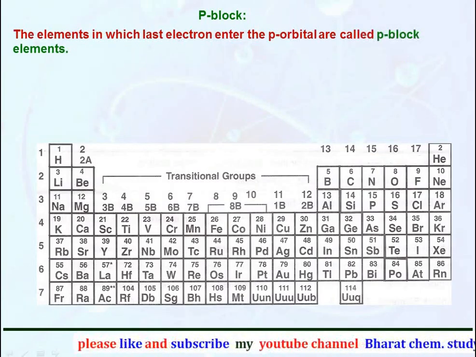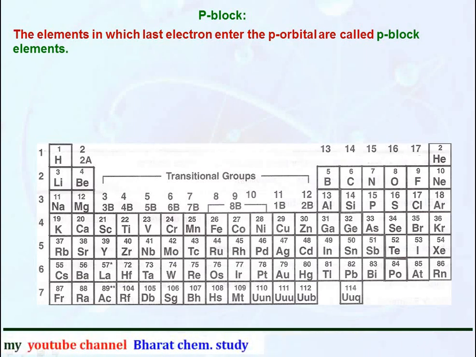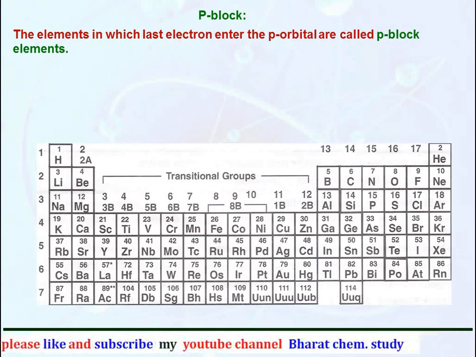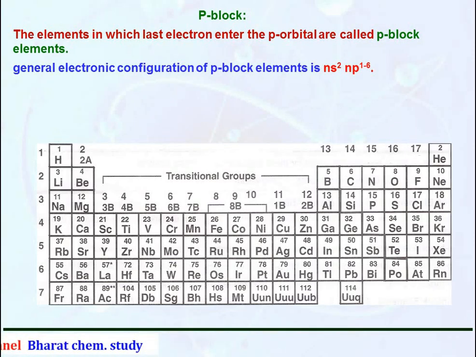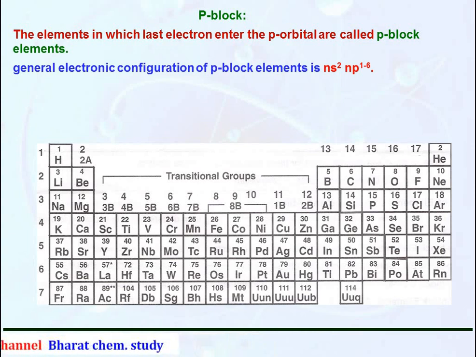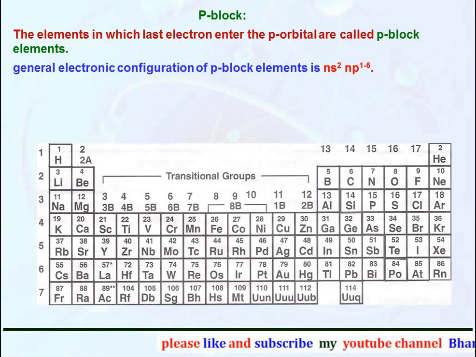Now, p block elements. The elements in which the last electron enters the p orbitals while writing the electronic configuration are called p block elements. The general electronic configuration of p block elements is ns2 np1 to 6. That means p may contain 1 electron, 2, 3, 4, 5 or 6 electrons.